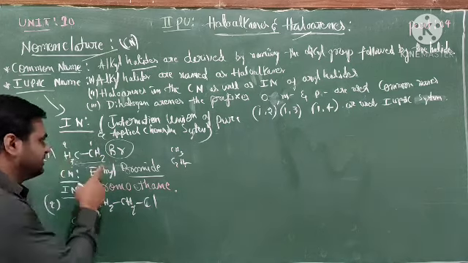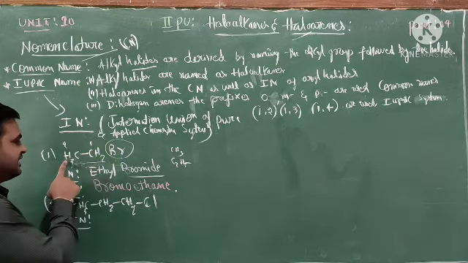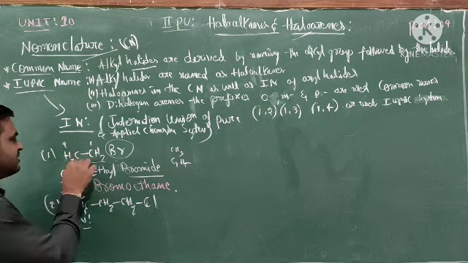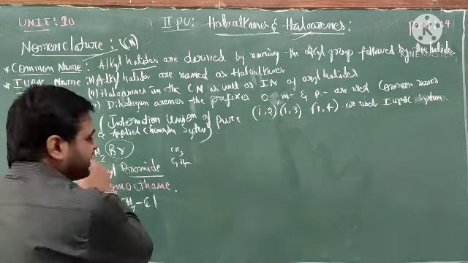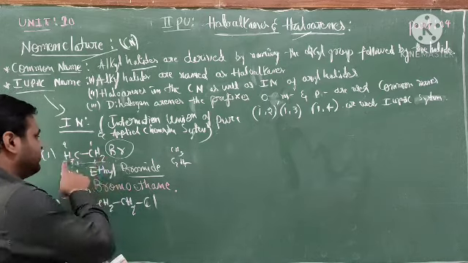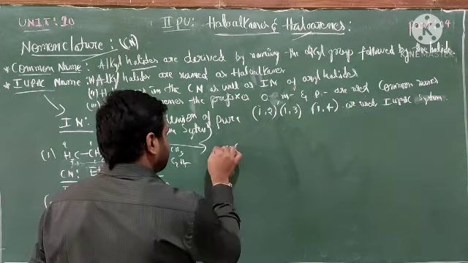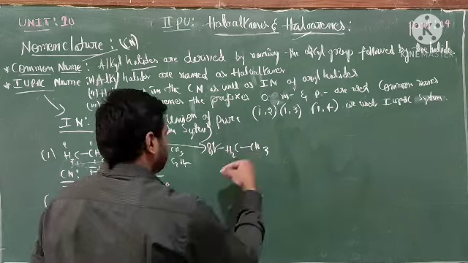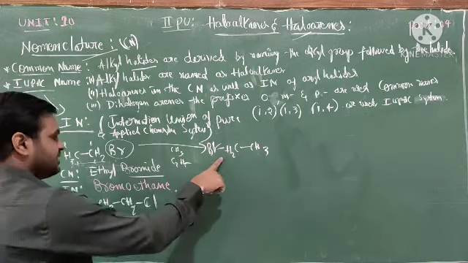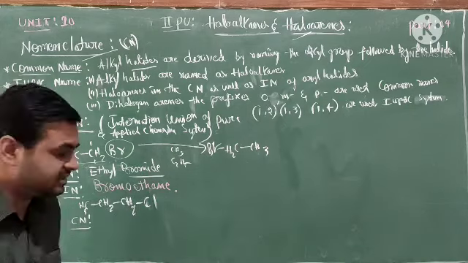By chance, numbering from the other side, the bromine is also on carbon 1, 2. There is a change of numbering. 1-bromo, say, CH2Br CH3. What's the name? This is also bromoethane. There is no change.